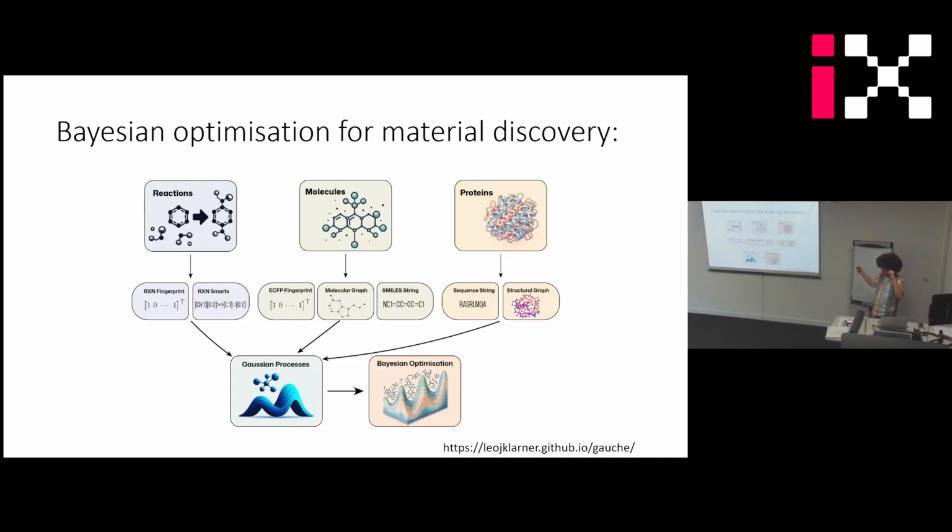And here are a few examples of things that you can look into or want to optimize. For example, let's say you want to optimize a certain reaction in terms of giving you the highest yield, the highest number of successful chemical reactions, and you want to optimize for that by changing how you do your chemistry: at which pressure, which temperature, what solvent you use, what other additives.